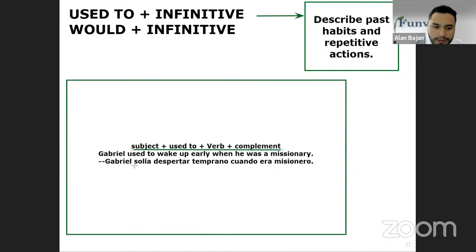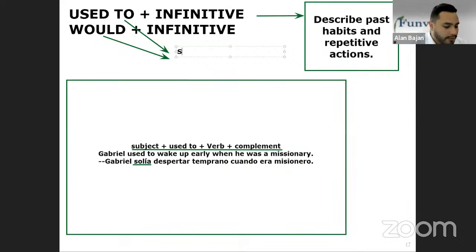And in Spanish, this is the meaning of used to and would. They mean the same, exactly.